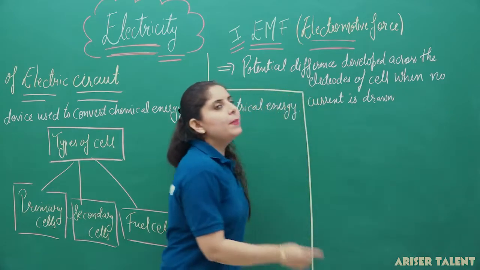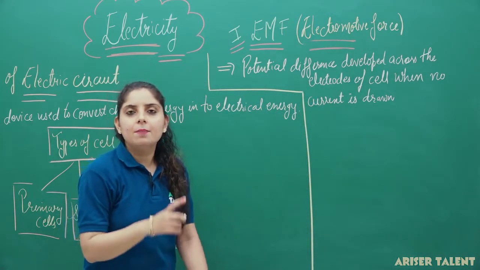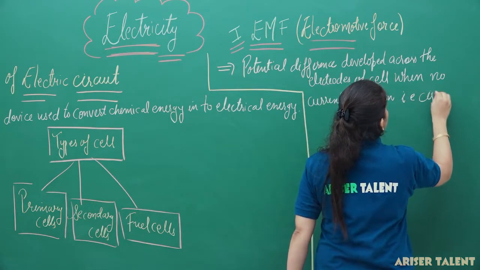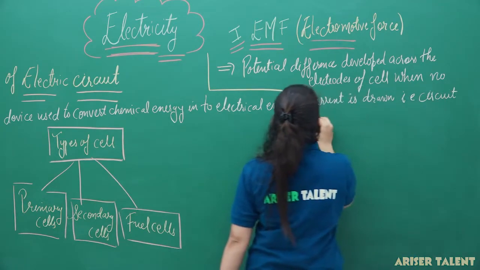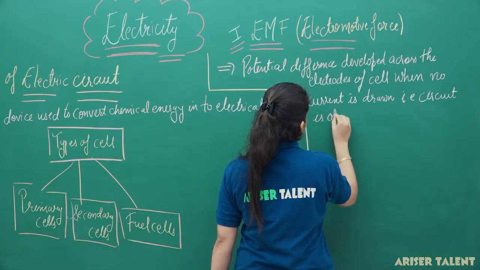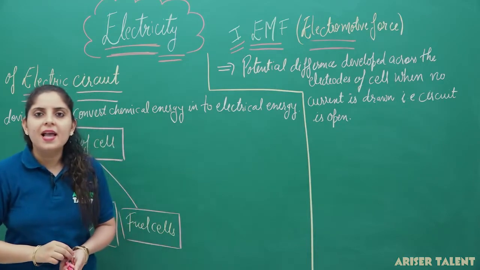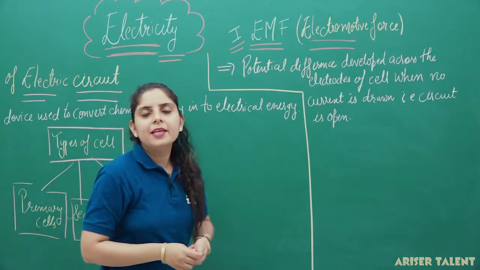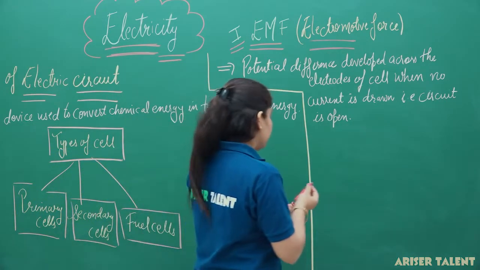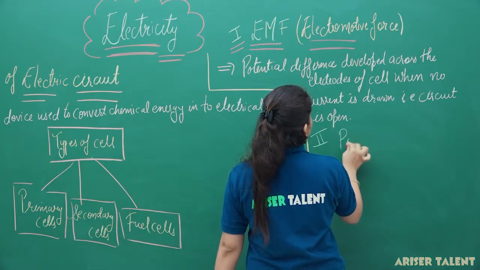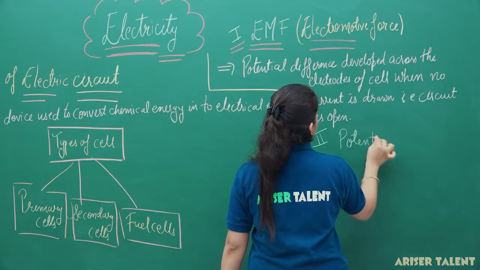And if no current is drawn from the circuit, it means the circuit is open. So, it is the EMF of the cell and it is represented by the capital E or the small e both. Now, the second thing is the potential difference that you have heard a lot of times.